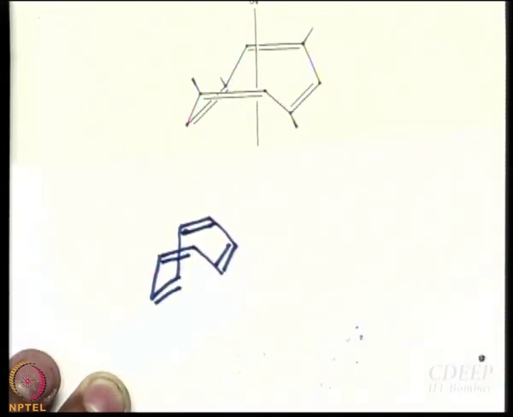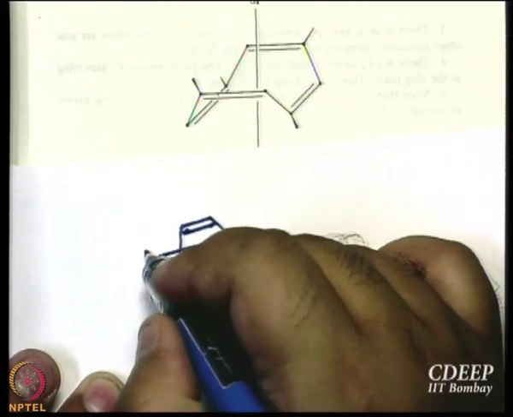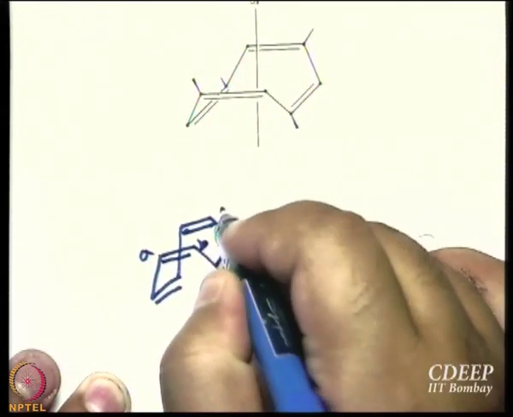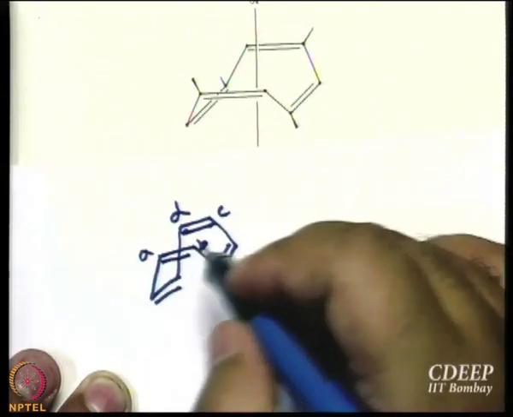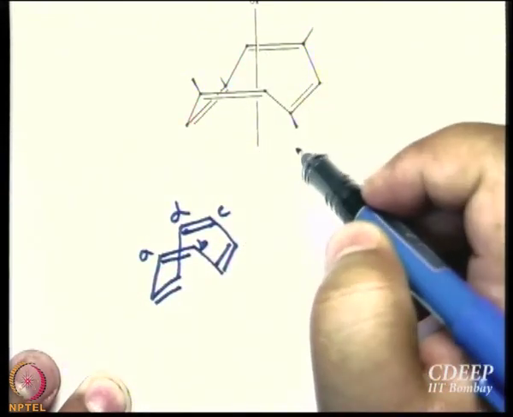This is what the molecule is, right? Let me name them. A, B, C, D. The bond is between A and B and C and D. If you turn by 90 degrees with respect to this axis, what will happen?